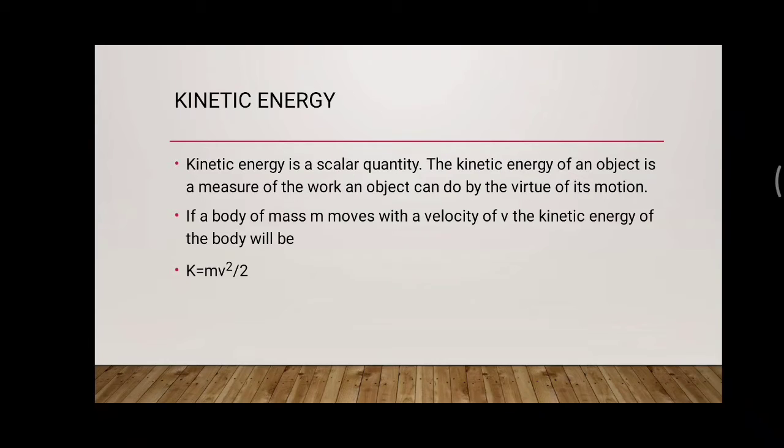And suppose a body of mass m is moving with a velocity of v, the kinetic energy will be given by the equation: kinetic energy is equal to half of the product of mass and the square of the velocity, that is half m v square.